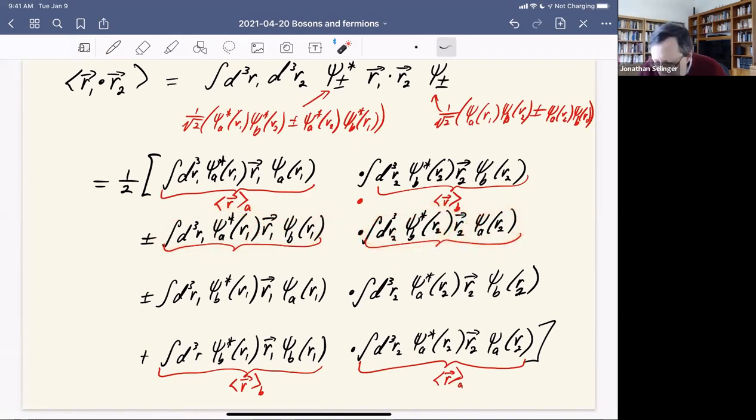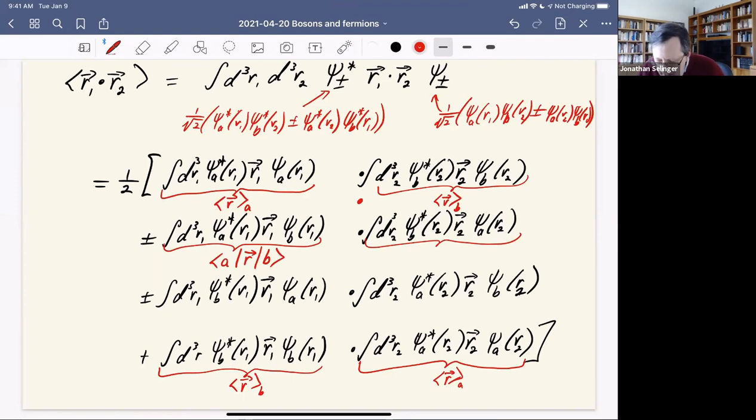So we could write this with our bra-ket notation. We could write this out as the bra A acting on the operator R, the position operator, and then the ket B.